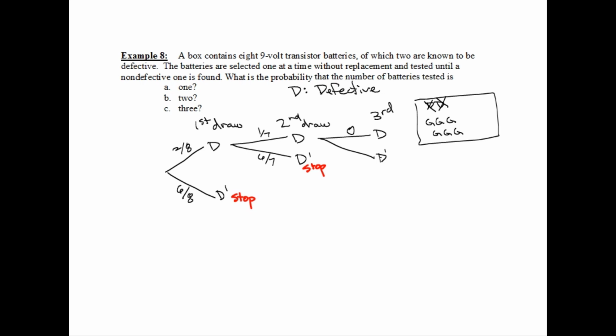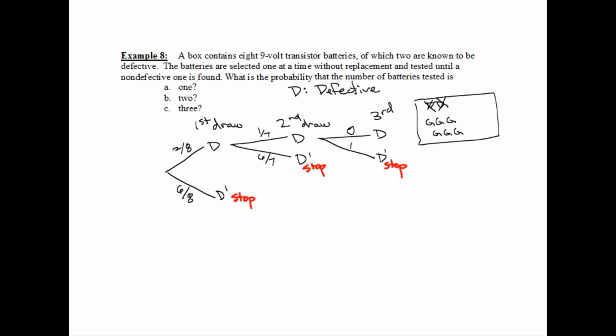And then what's the probability of getting a non-defective one on the third draw? 1. That's what we call a certain event. Getting a defective one on the third draw is what we call an impossible event. The probability is 0. So, again, here we stop once we get that non-defective battery.